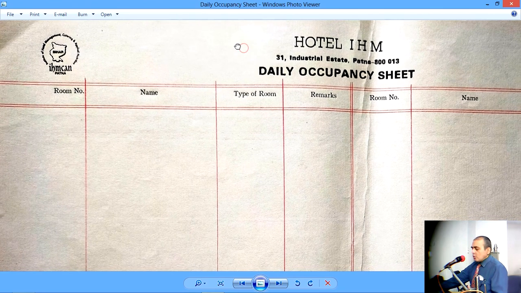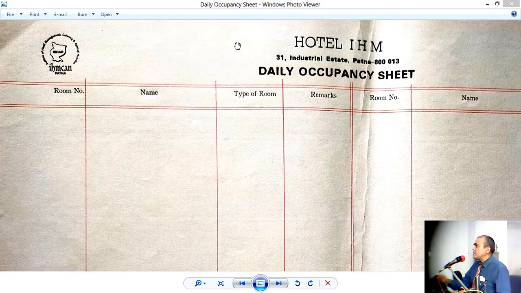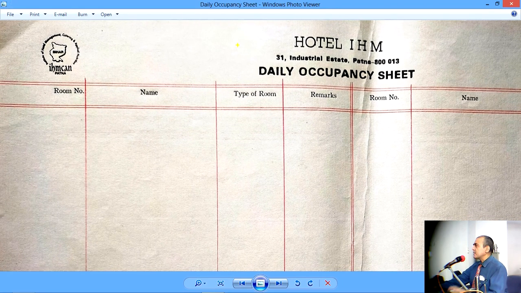I would like to draw your attention to this central demarcation here. You will notice that other lines are single, like this line, this line, this line. But this particular line here is double.